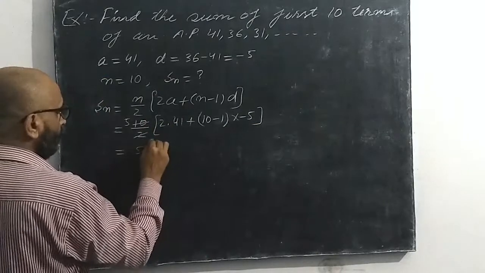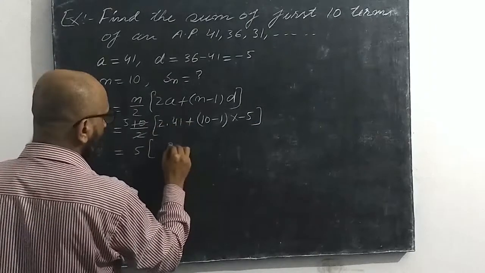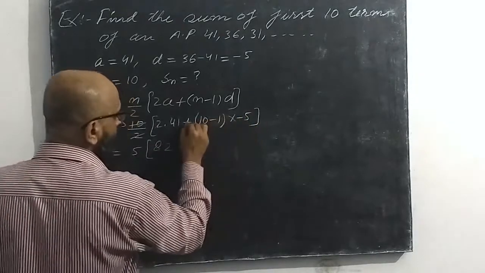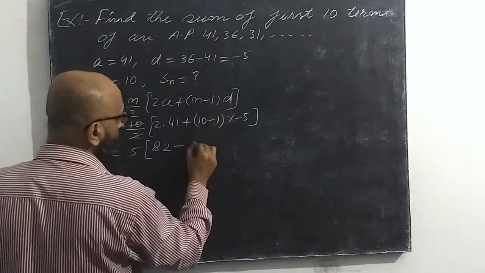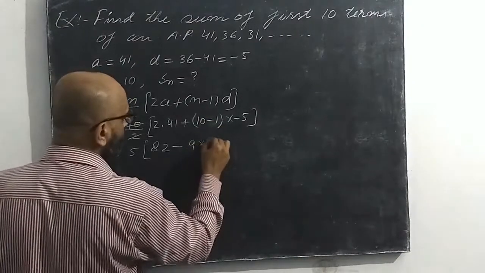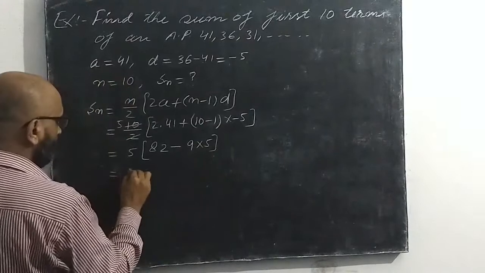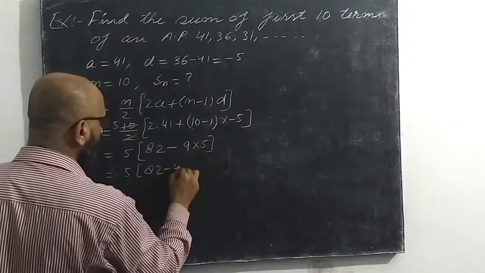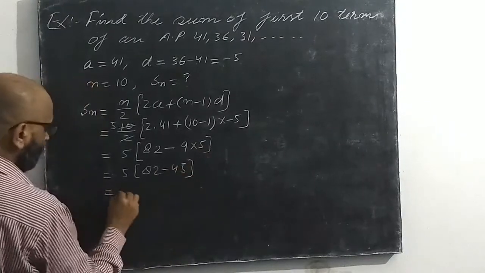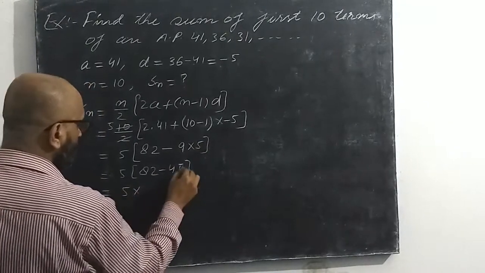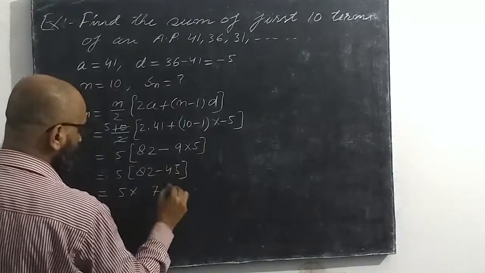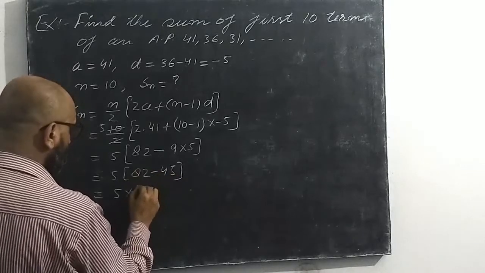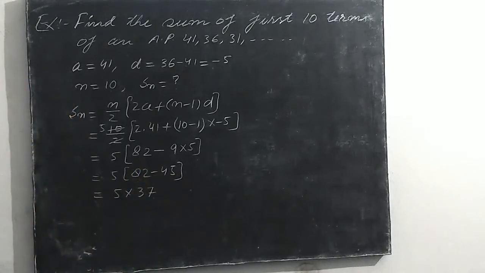We have 5 in the bracket. 2 ones are 2, 2 fours are 8, so 82. And this minus into plus becomes minus, and 10 minus 1 is 9 into 5. So simply we have 5 into (82 minus 9 fives are 45), and we have 5 into 37.